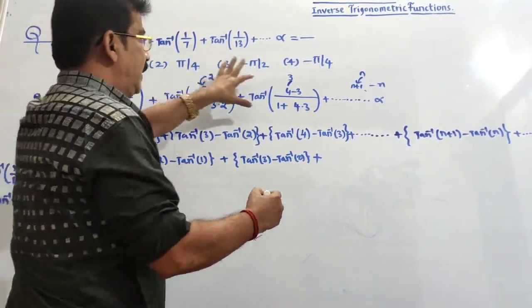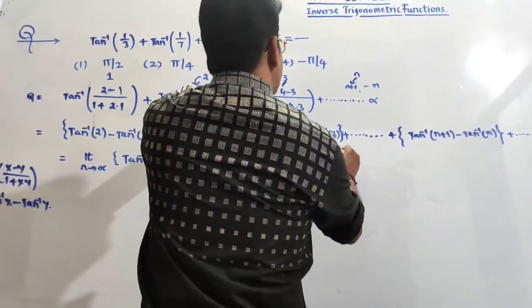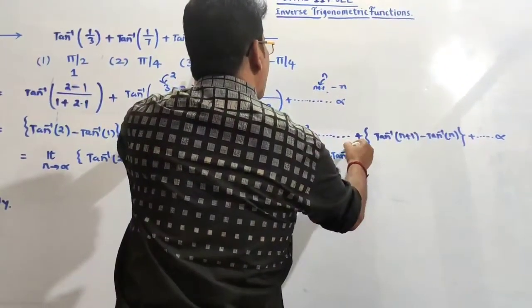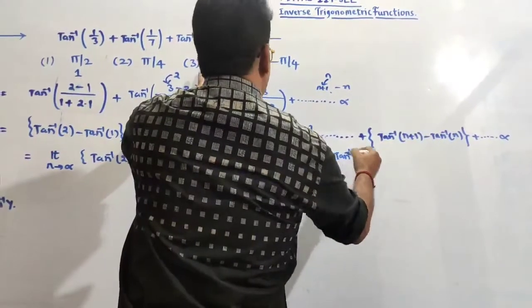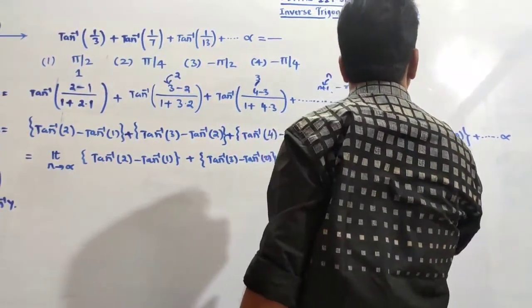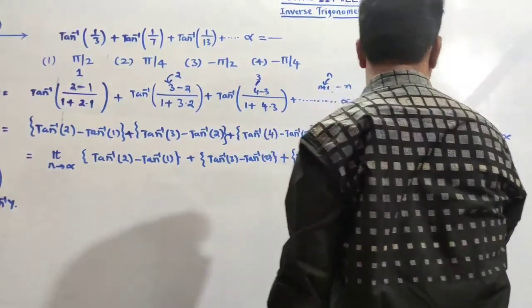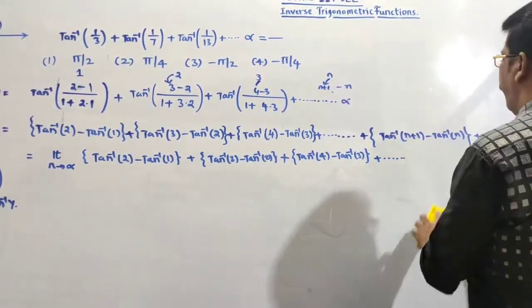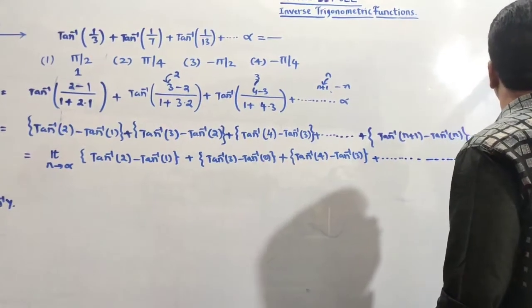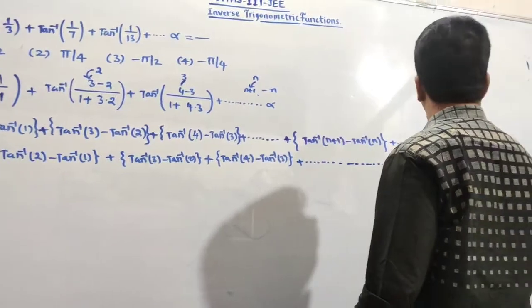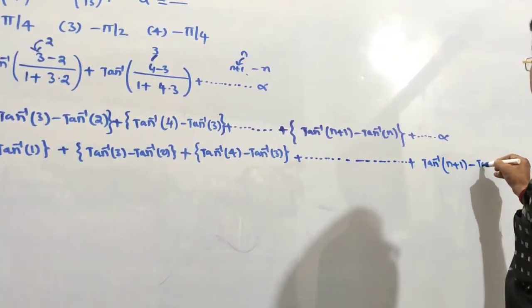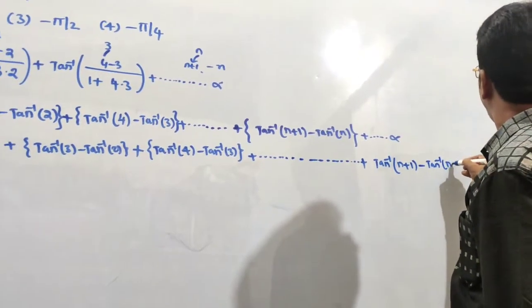Next, about the third term, tan inverse of 4 minus tan inverse of 3, and so on, plus tan inverse of the nth term, tan inverse of n plus 1 minus tan inverse of n.